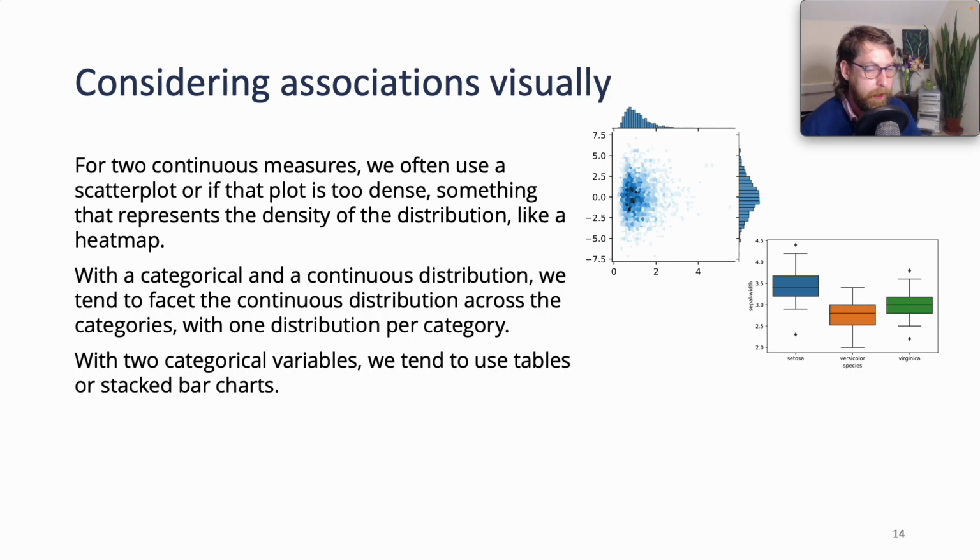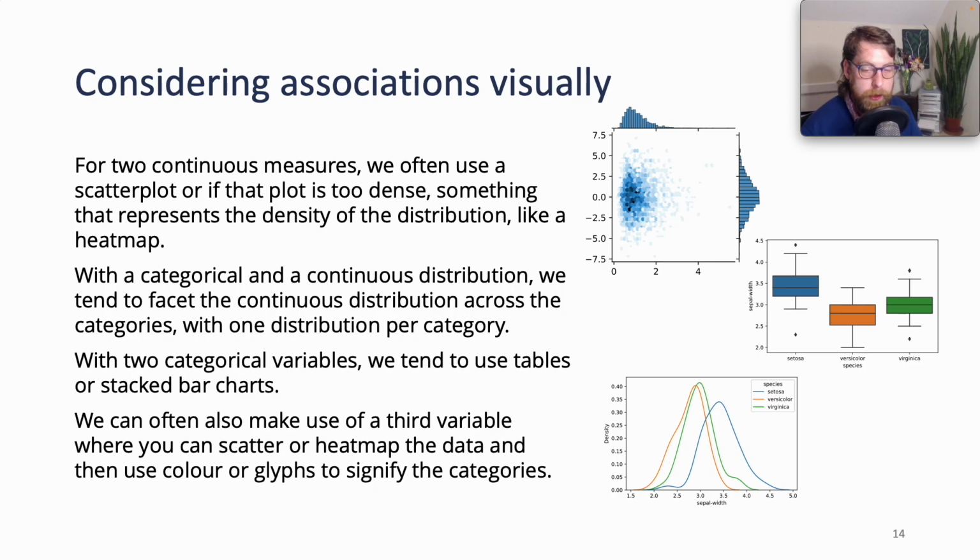Now with 2 categorical variables, we don't really do much in terms of drawing the points, but we can use bar charts for that, but we also use tables, and also later we'll see a heat map. Now you can use a third variable like that, and you can do that either with continuous data or with categorical data to help make things a little more visually interesting.